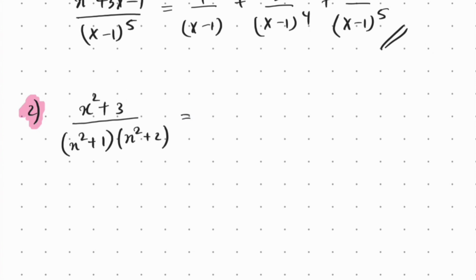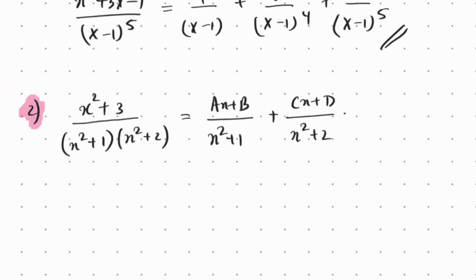I'm going to write the answer as Ax plus B over x squared plus 1, since it's a quadratic, so I put a linear term up there, and there's another quadratic term down there, so I'm going to put Cx plus D here.